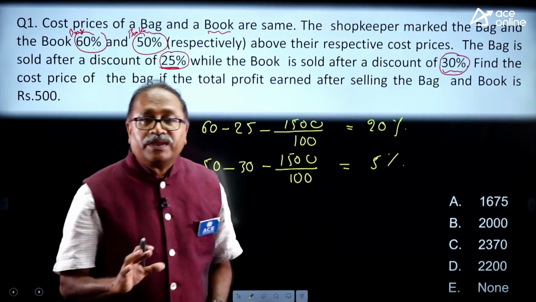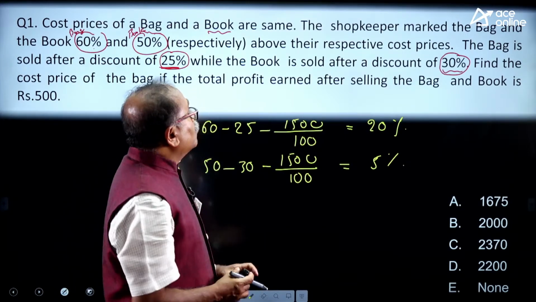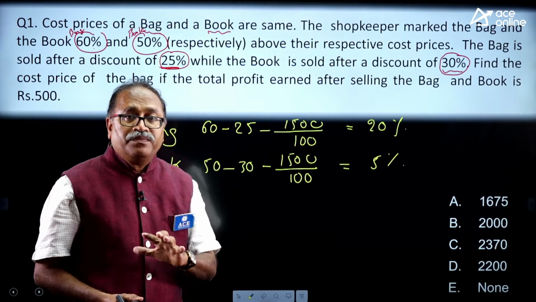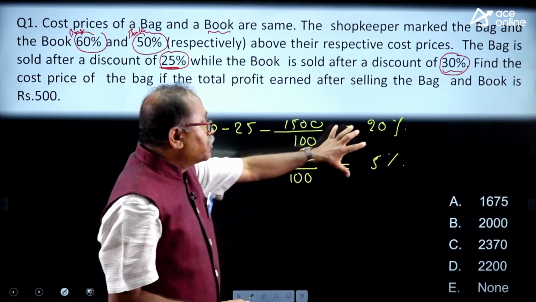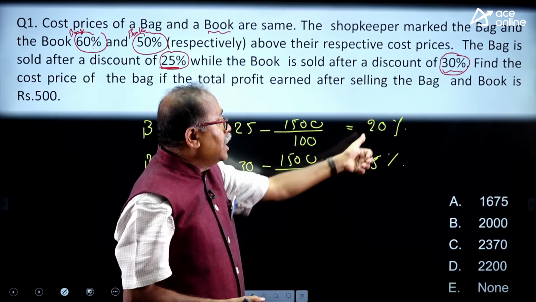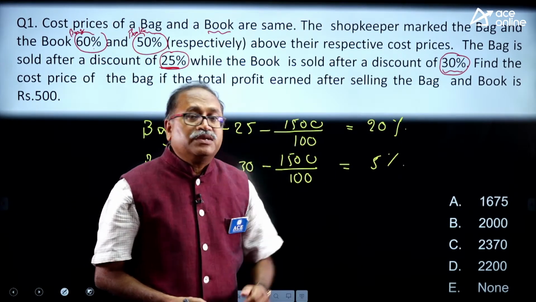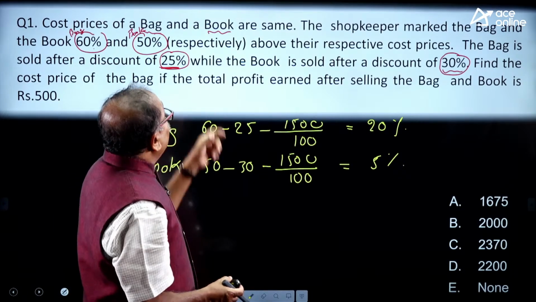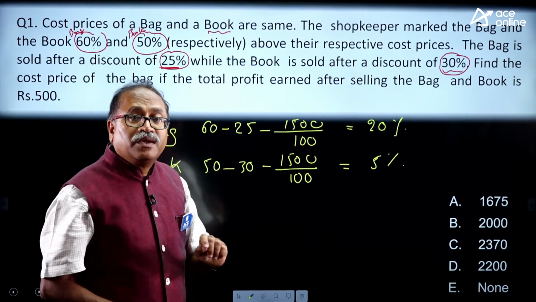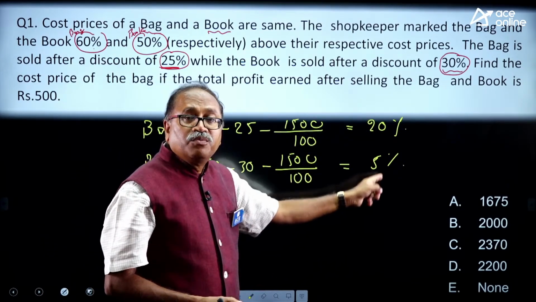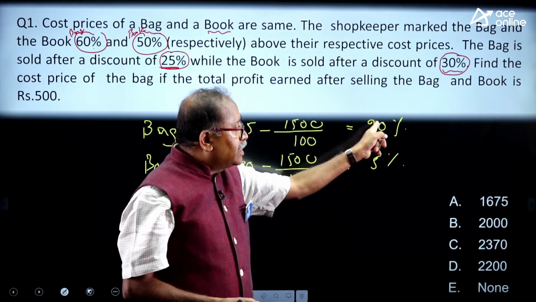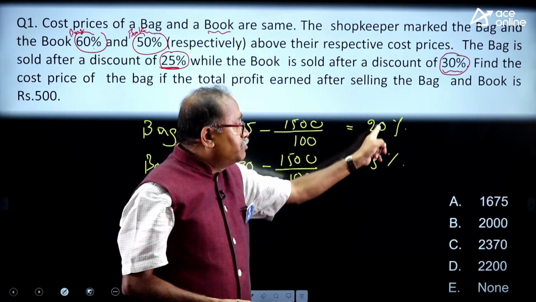And we know whenever the cost price of two articles is the same, the overall profit will be the average of the profit or loss percentages. So here, as it is said that the cost price is the same, what is the overall profit or loss percentage? That is the average of these two, and both are profits.